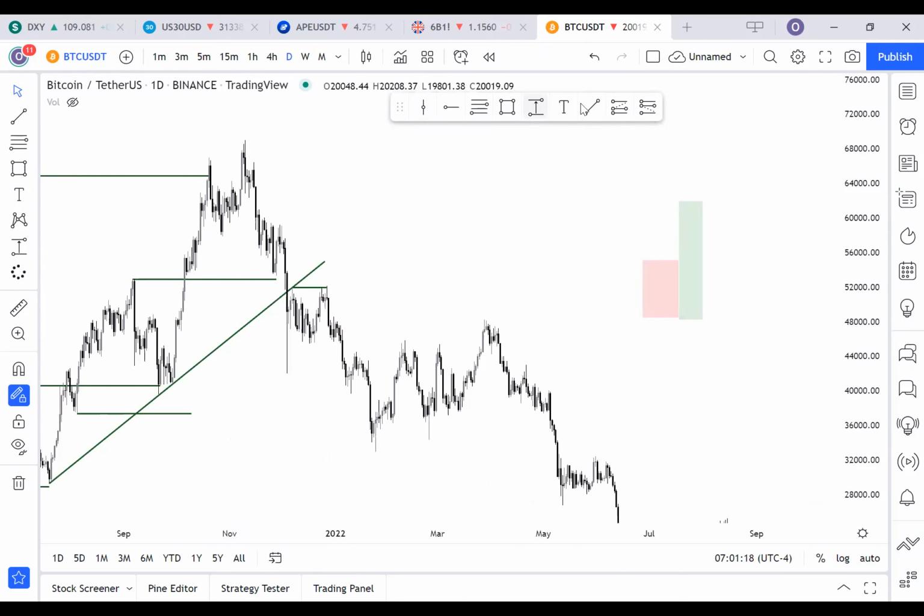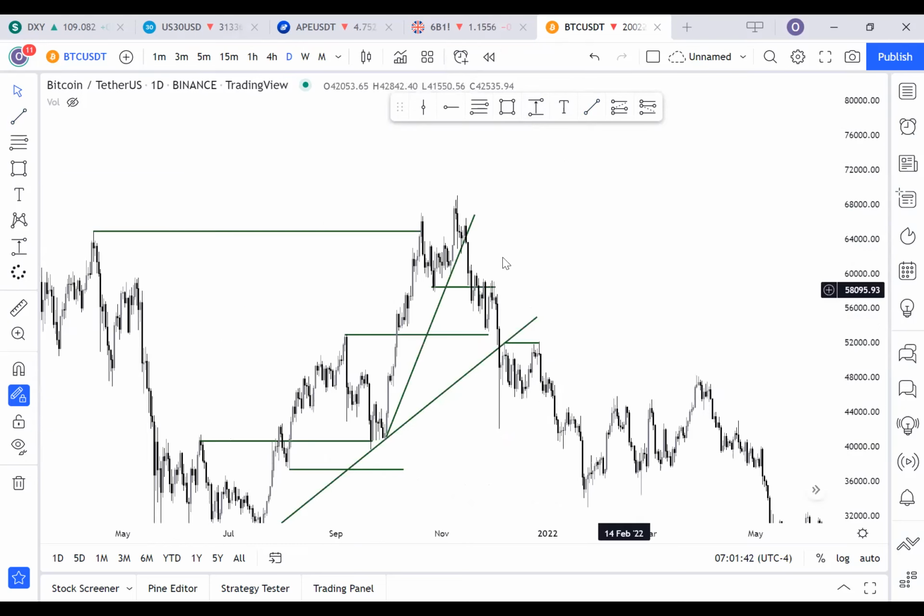Now, if you are to draw a trend from here to here, you are going to get something like this low to this low. This is the real support. Price breaks that support, and then it was capitalized on.